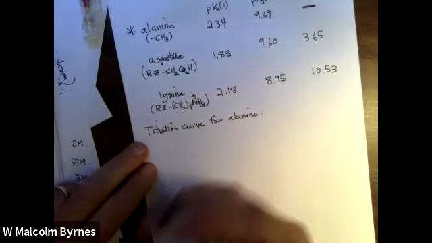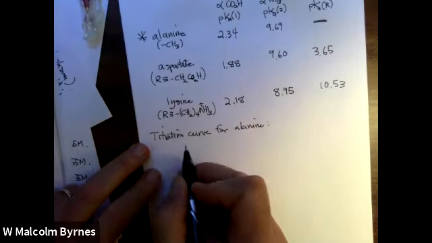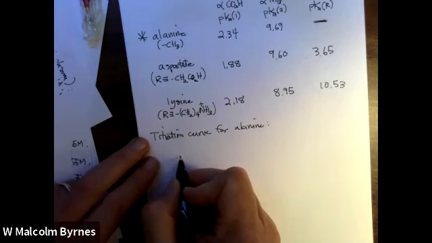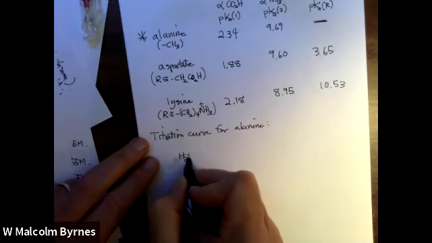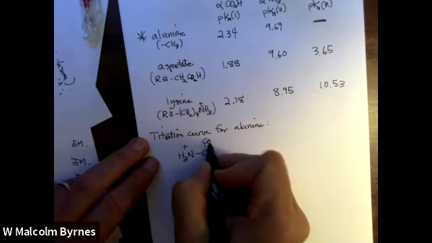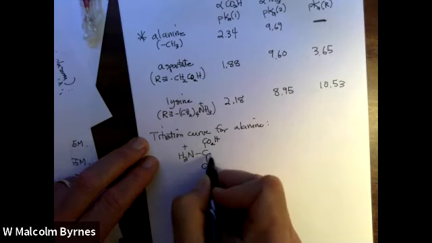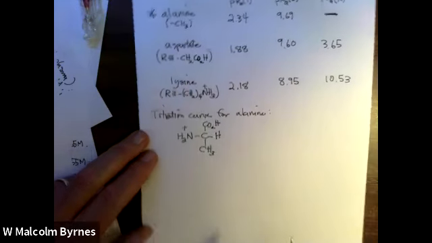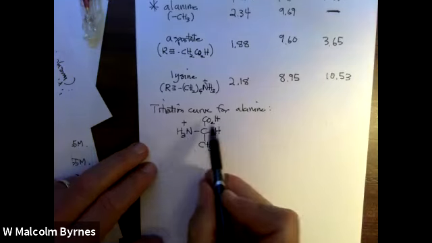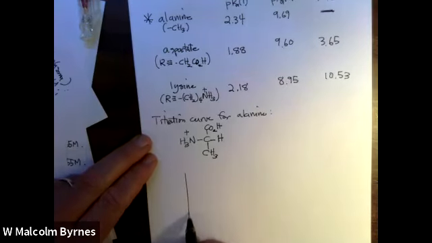So we start at a very low pH, very acidic, and here's what alanine looks like. At the beginning of a titration curve, everything is going to be protonated. And we can actually sort of look at it down here. Let me maybe just do this here.